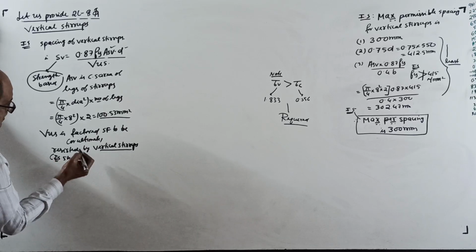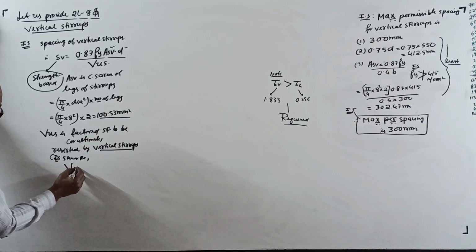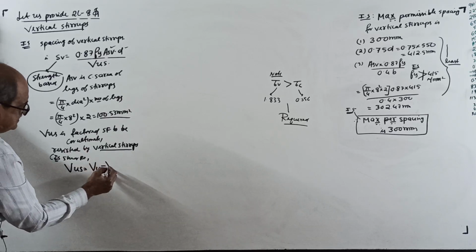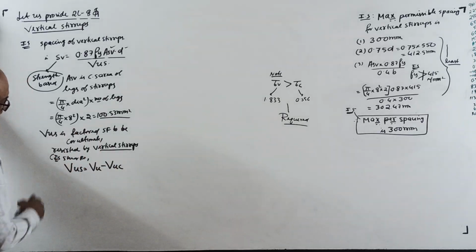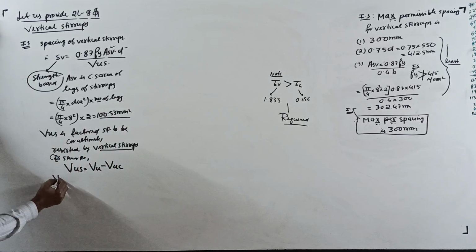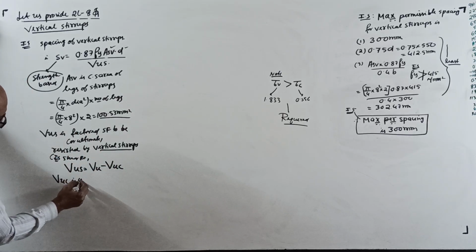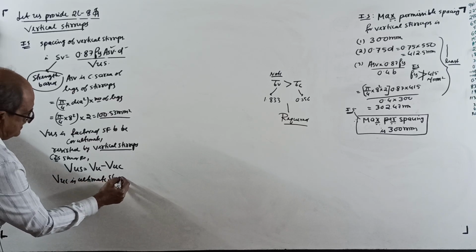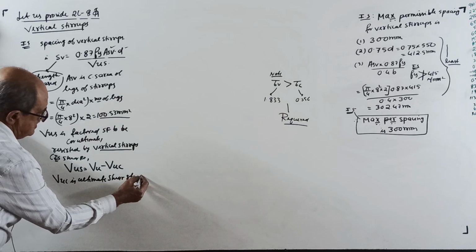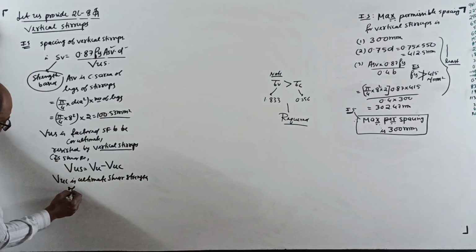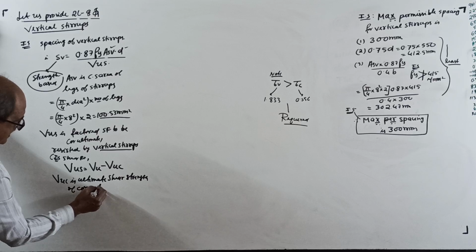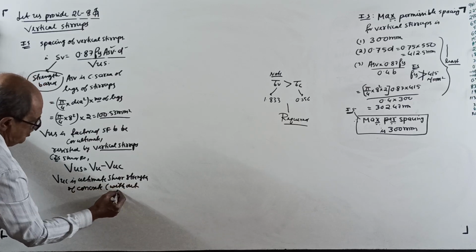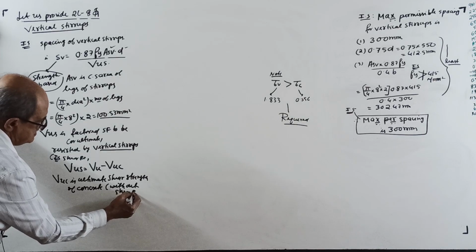Both are same. VUS equal to factored shear force VU subtract ultimate shear strength of concrete VUC, where VUC is the ultimate shear strength of concrete without shear reinforcement.